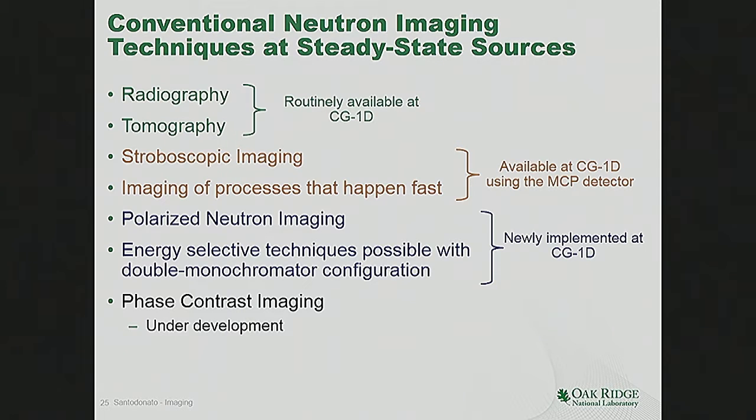Polarized neutron imaging is something really new for us. We've done it. We devoted a cycle to this recently. We'll probably do this once a year, devote a cycle to polarized beam imaging. The raw beam that comes out of the guide is randomly polarized. You've heard, I think, there were some talks about polarized imaging, so I'll try to put it in a nutshell.